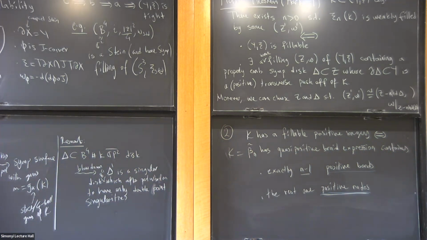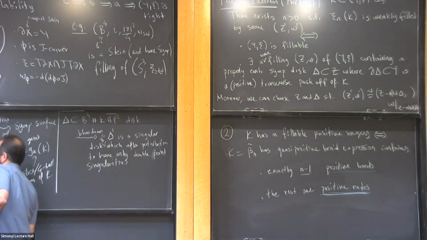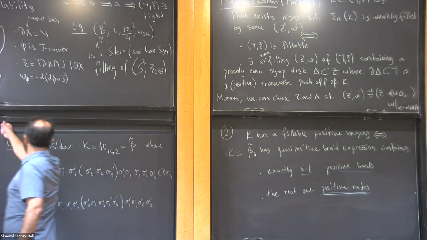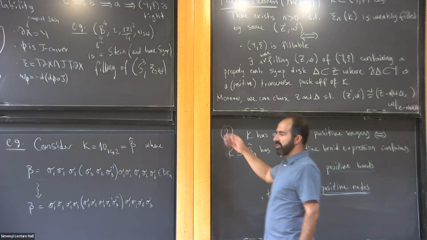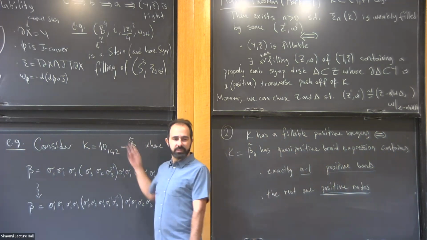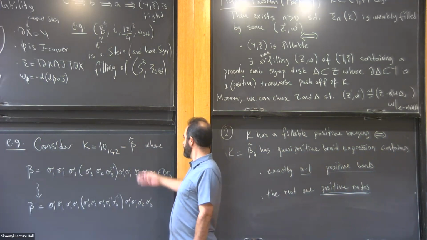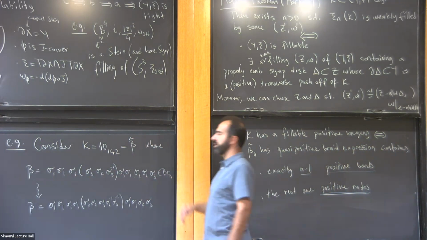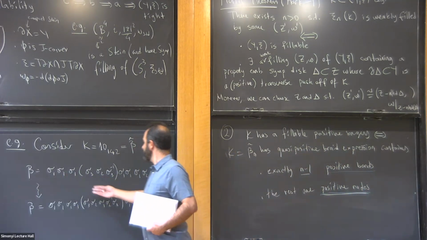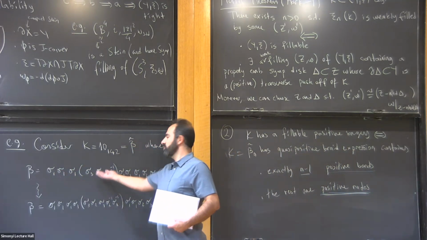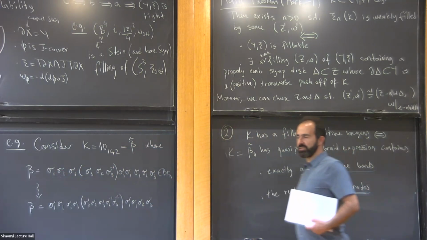Here is an example. Here is a knot, the 10-crossing knot 10_142. You can just check it on KnotInfo. It's a quasi-positive knot, namely it is the closure of this quasi-positive braid. As you see, it is mostly standard generators. They might repeat, but then you see a conjugate of one of the braid generators.